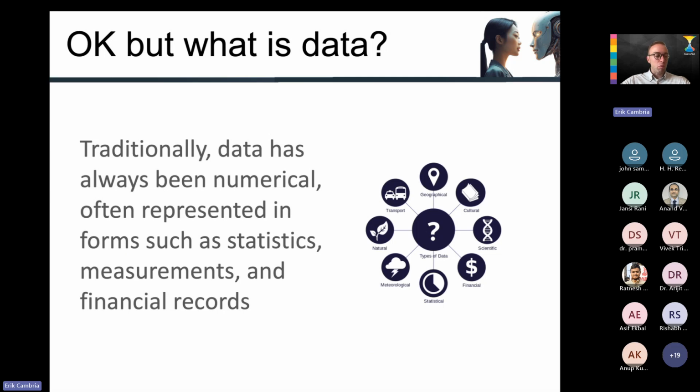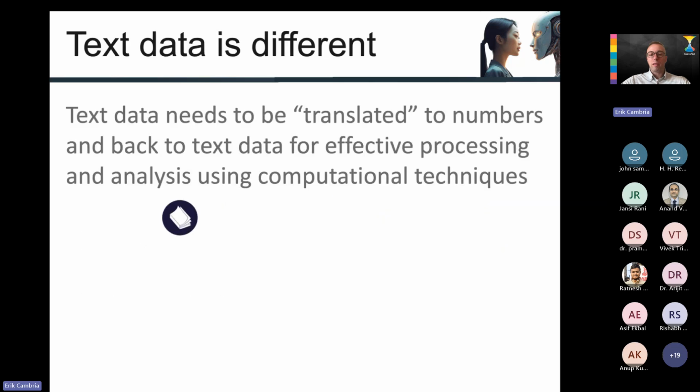So this course will be a lot about text data, NLP, but as we'll see later when we talk about embeddings, we actually have to translate this data into a numerical form that can be processed by our computers and then translate it back to text. That's probably not exactly what's happening in our brain, but that's the best thing that we can do so far.